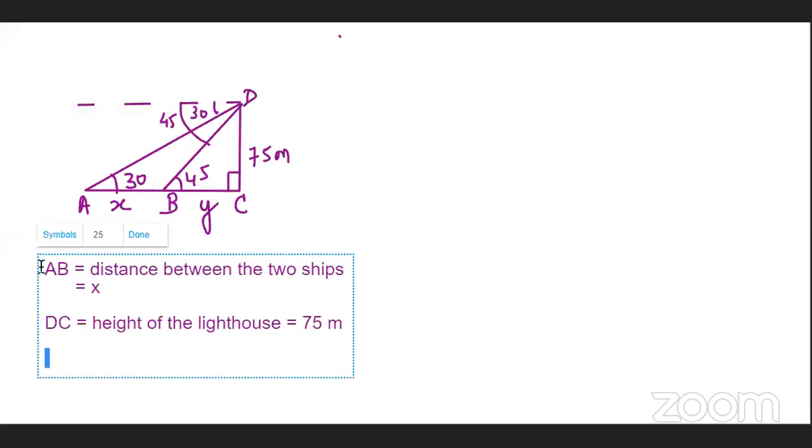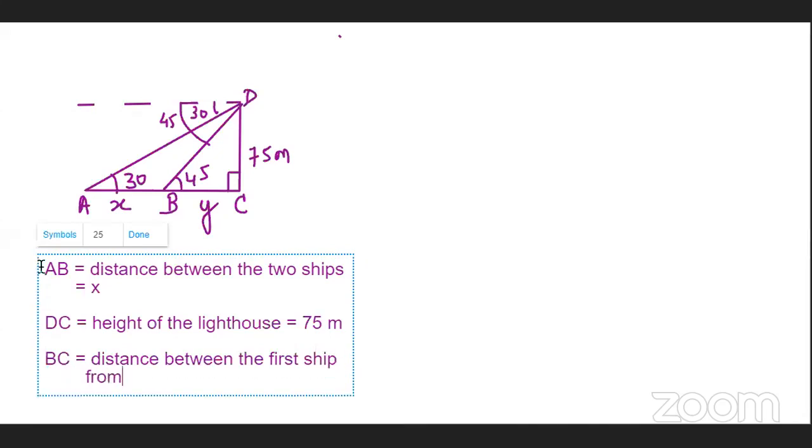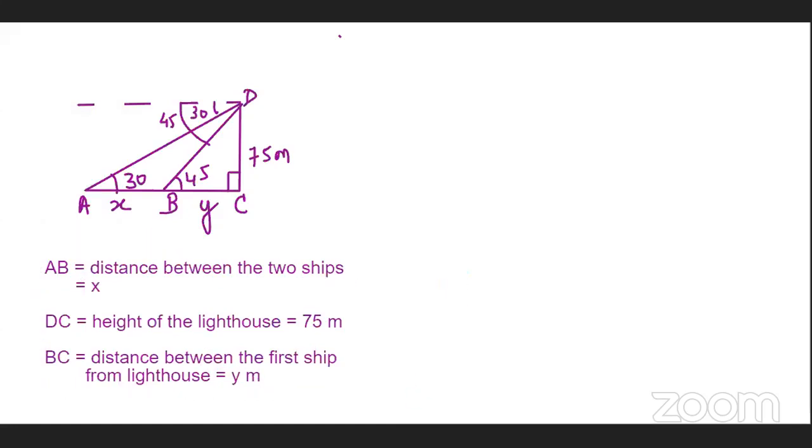We need BC, therefore we are going to mention it: the distance between the first ship and the lighthouse. The two triangles that we'll be needing are one with 45 degrees and the other with 30 degrees.